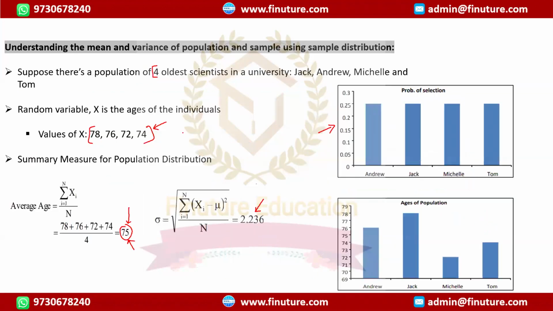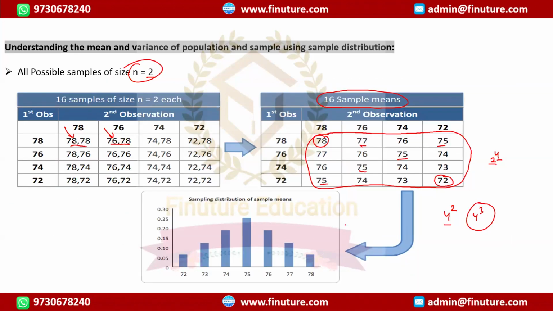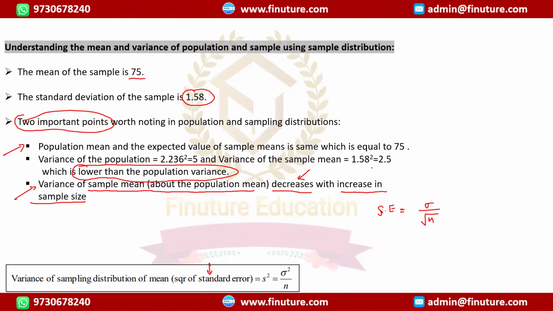If you see, the mu was the same, 75, 75. And the variance as sigma square by root n. So if you calculate this, 1.5, you can calculate using this also. You can use this variance divided by root n. You will get approximately this number.